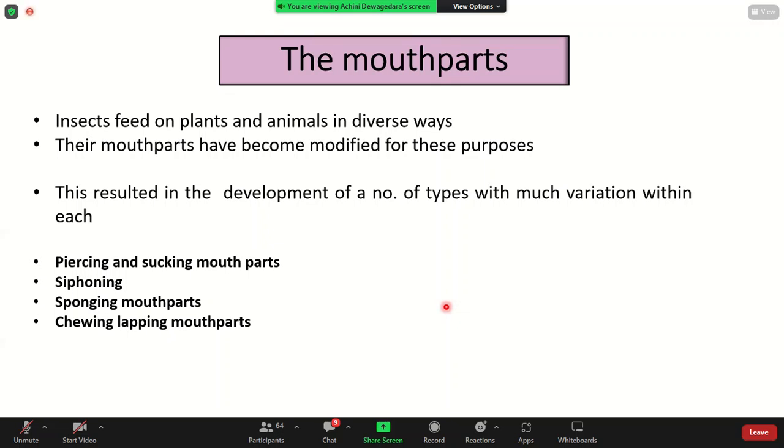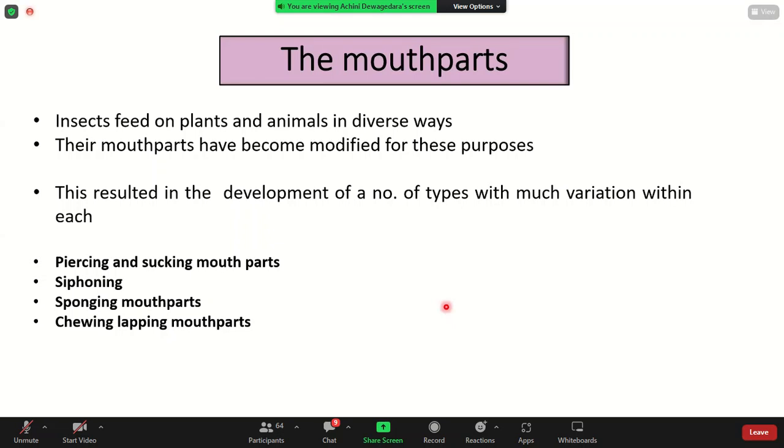Chewing. Mosquito, piercing and sucking. Yeah. What a mosquito does is they have a mouth part developed to pierce or make a hole and suck. They make a hole and suck. Right? That is called piercing and sucking.